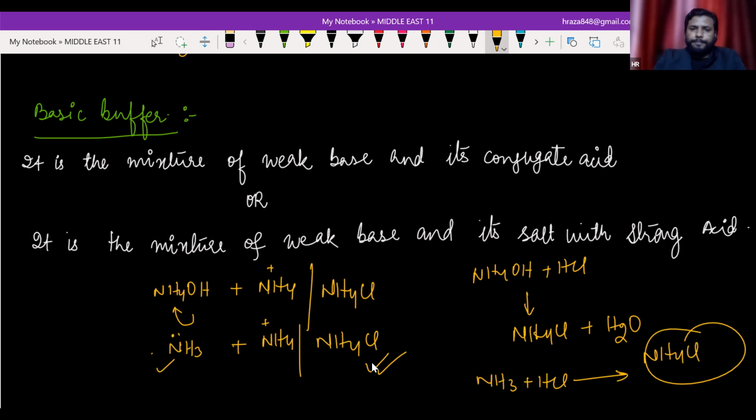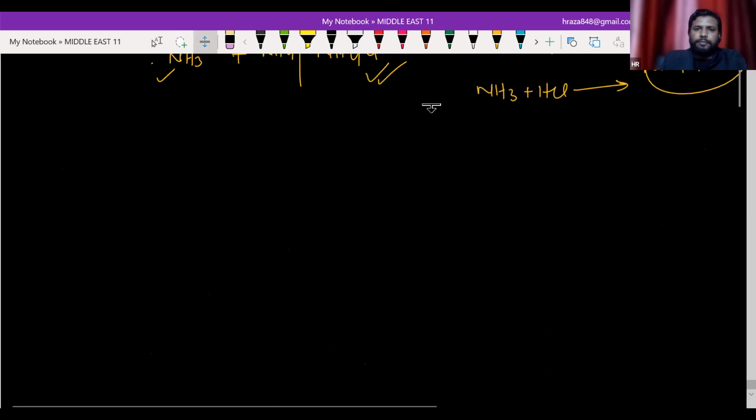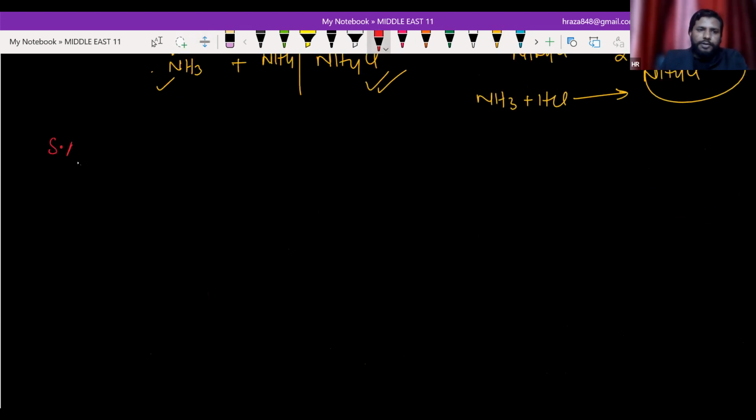Now I'm going to make a list of strong acids. Always remember it. Done, sir? Okay. This is basically a list of strong acids. The strong acids are HCl, HBr, HI, H2SO4, HNO3, and HClO4.